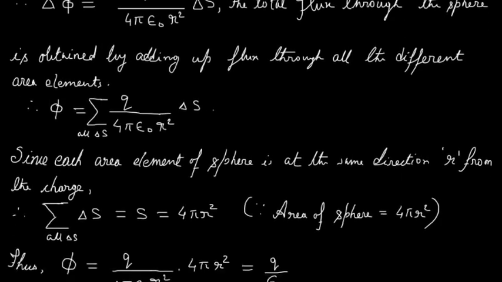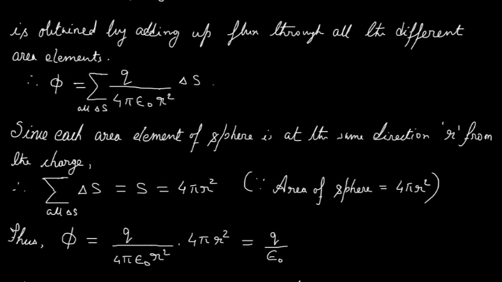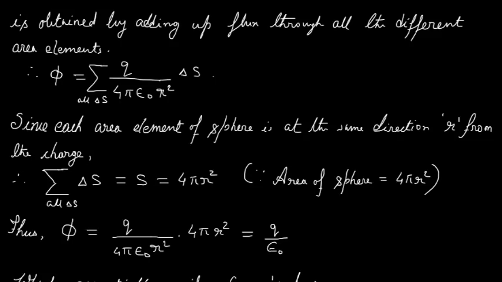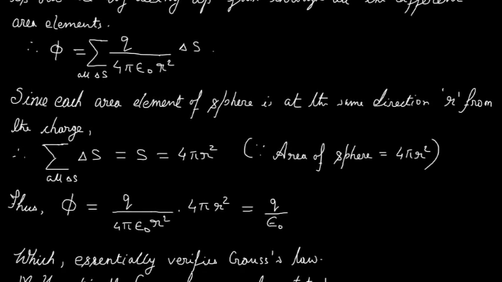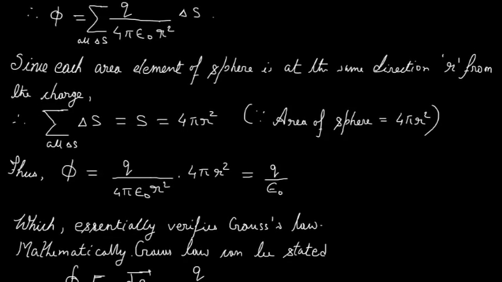Therefore, phi is equal to the sum over all delta S of q upon 4 pi epsilon naught r square multiplied by delta S. Since each area element of the sphere is in the same direction as r, the sum of all delta S is equal to S, which is 4 pi r square. The area of the sphere is equal to 4 pi r square.